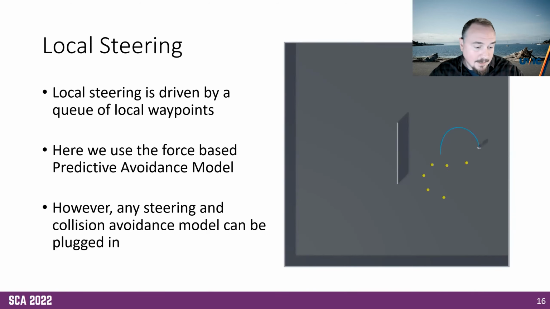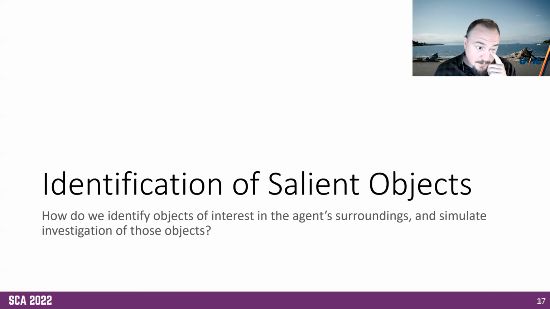Fantastic approach, it gives us anticipatory collision avoidance using a force-based method. But the way the method is written, this is actually sort of plug and play. We know that different crowd models give us different behaviors. So if you didn't really want to use PAM for whatever reason, and you wanted to use some other method, this method isn't invalidated by that. You could simply swap them out and choose your favorite crowd simulator model for steering and collision avoidance.